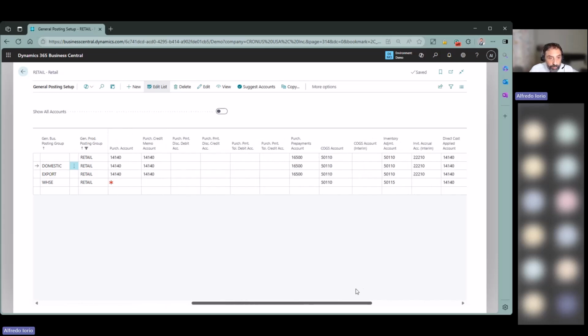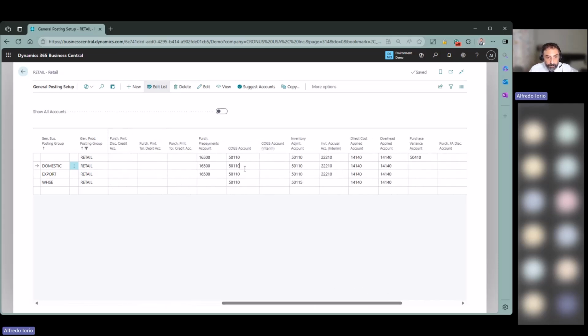So if I scroll through cost of goods sold, right, when I ship and when I invoice items, this is the cost of goods sold account. This is the direct cost applied on items. We'll talk about that in a moment. But before we dive deeper into the use and purpose of these accounts, you might have noticed one thing.